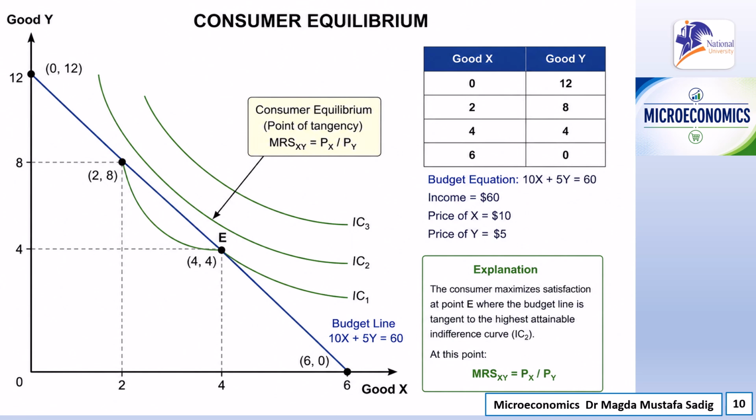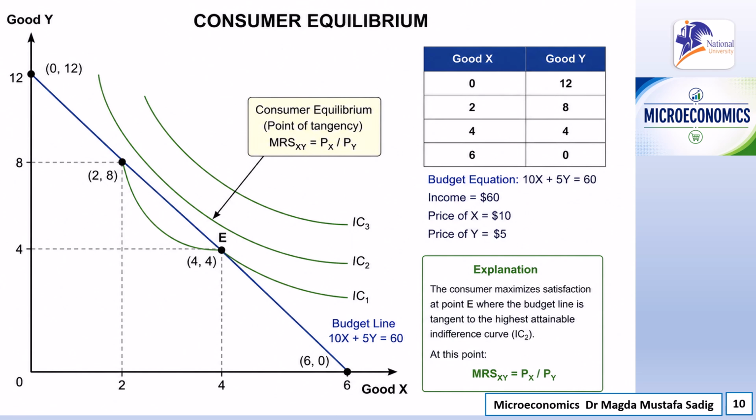Now let us summarize today's lecture. We learned that the budget constraint shows all affordable combinations of goods. The budget line is a graphical presentation of the budget constraint. Its slope represents opportunity cost.